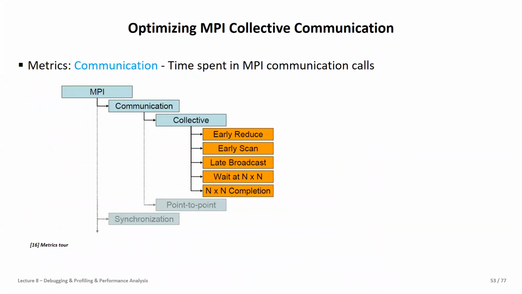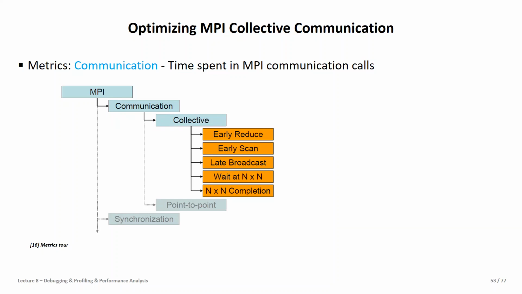Now, when we look further at optimizing MPI collective communication and the certain patterns I was explaining throughout this lecture, Scalasca and other tools are able to identify common problems in MPI applications here and there.